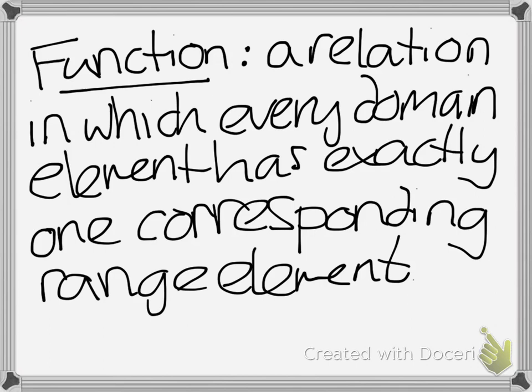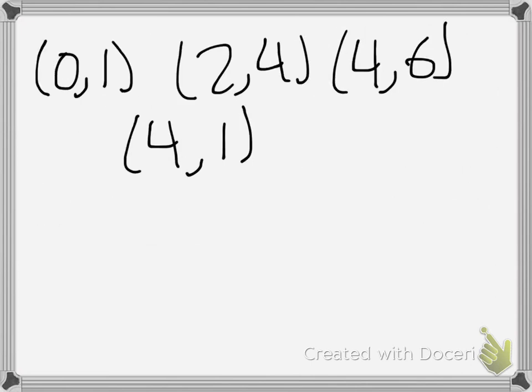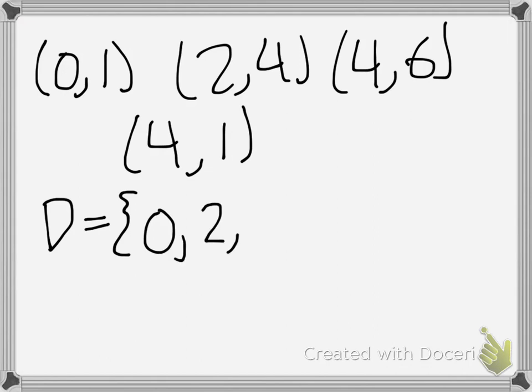Now, we said we were talking about functions and function notation, and we haven't talked about functions yet, so we'd better get there. A function is just a relation in which every domain element has exactly one corresponding range element. So let's look back at the relation that we used to have. We remember domain, we said that was 0, 2, and 4.